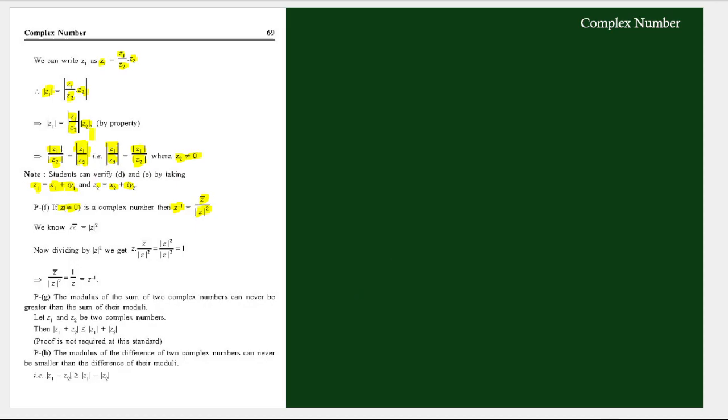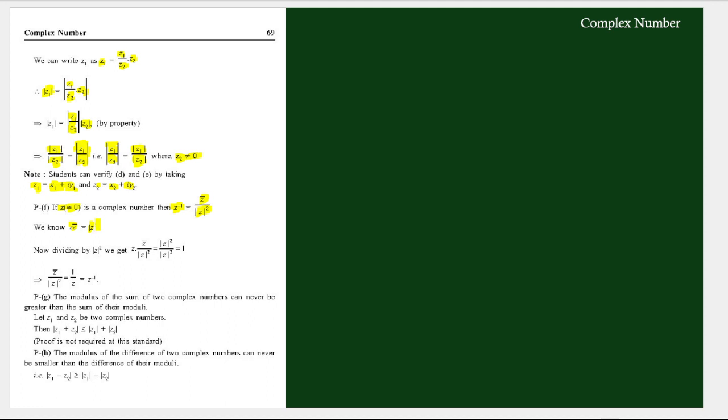So earlier from property 3 we know that multiplication of Z and its conjugate gives us modulus of Z square, the square of the modulus. So what do we do? Below we need modulus of Z square, right?